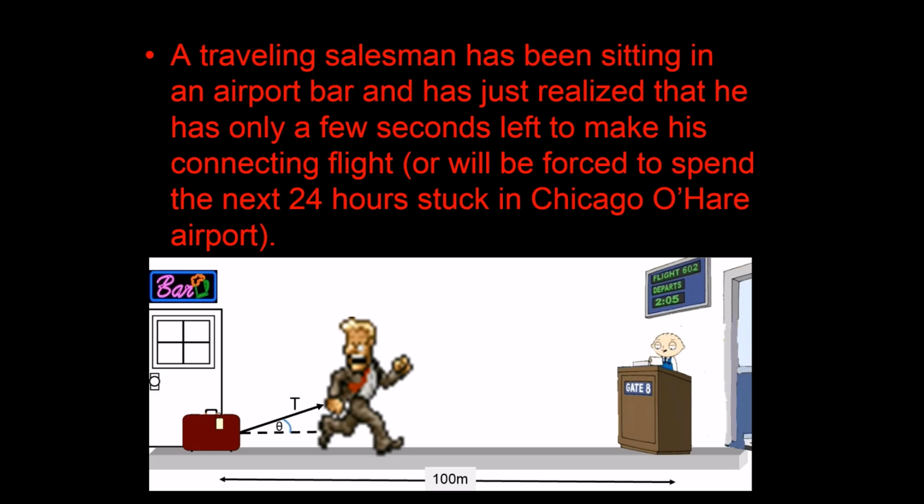And he's just realised he only has a few seconds left to make his connecting flight, or he's going to be forced to spend a night in a cot in the middle of a very large airport terminal. So he's going to run the 100 meters from the airport bar to the gate. So he takes his bag here, and he's going to pull on his bag with some tension T along the strap and cover the 100 meters to the gate.